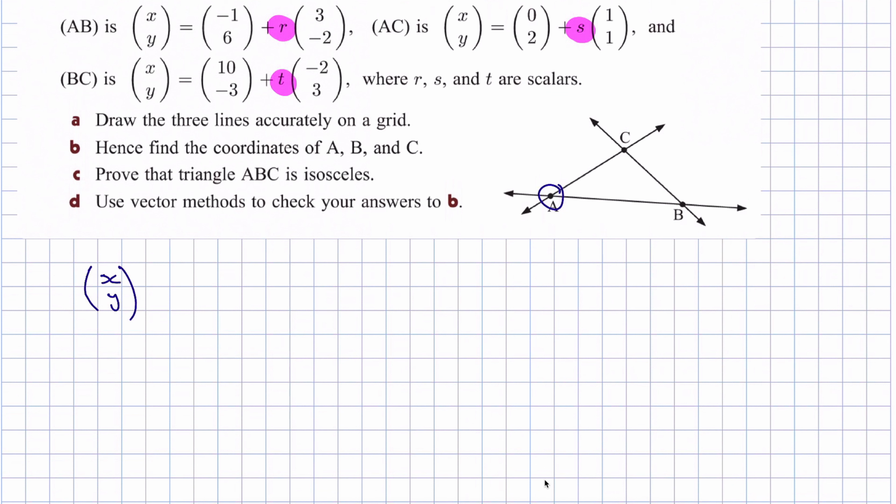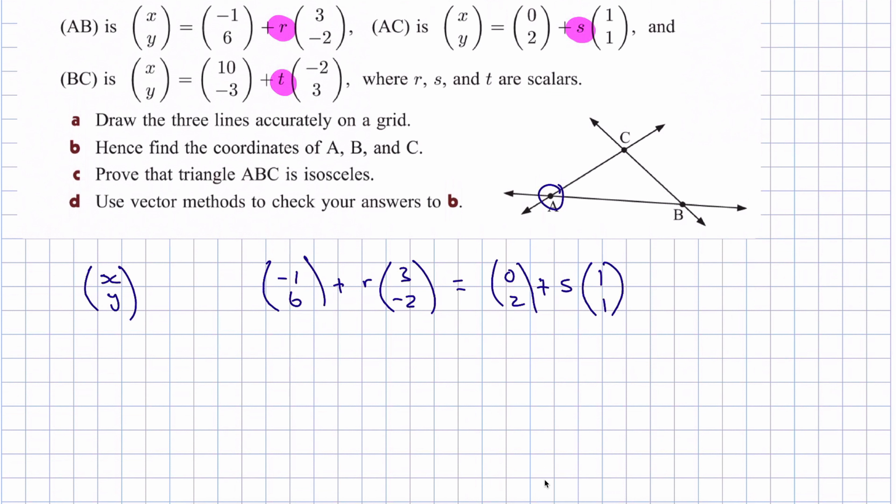So we're equating the A to B one, which is (-1, 6) plus R(3, -2), to (0, 2) plus S(1, 1). That must be true, because then the X and the Y are exactly the same. That must be where they meet.